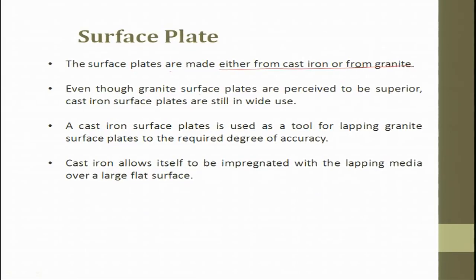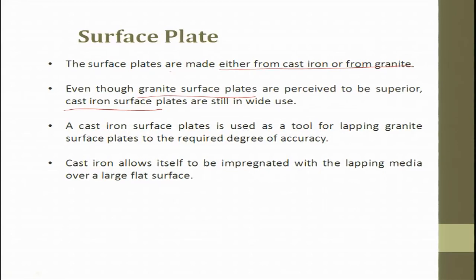Even though granite surface plates are perceived to be superior, cast iron surface plates are still used widely, because granite, though the thermal expansion and all is very good, is brittle in nature. So, if there is a shock or something happens, then it will start cracking and it will break.